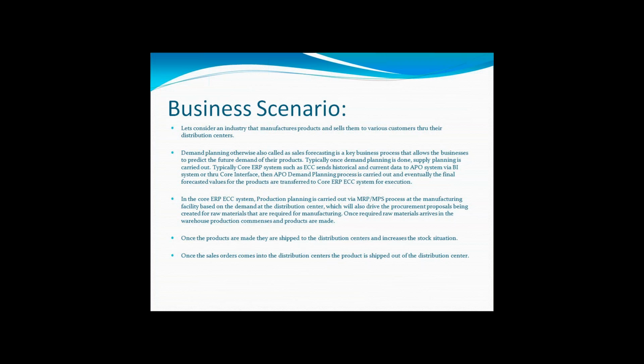Once the products are manufactured, they are shipped to the distribution centers to increase the stock there. Once a sales order comes in at the distribution center, the product is shipped out of the distribution center. So it's a very simple laid out process. There is no complexity in this process. We are looking into a manufacturing industry. We do demand planning, we do supply planning, and then both are sent to the ECC system for execution.